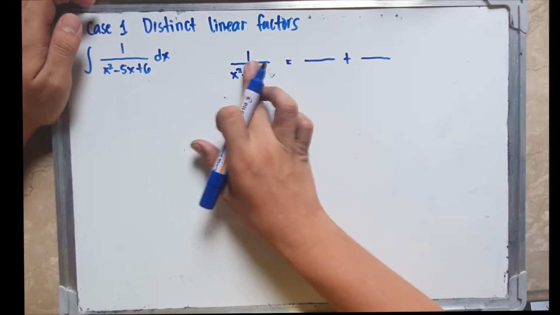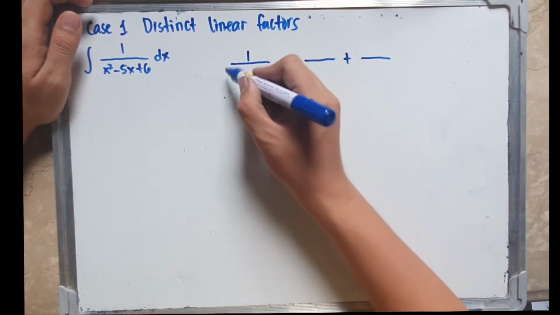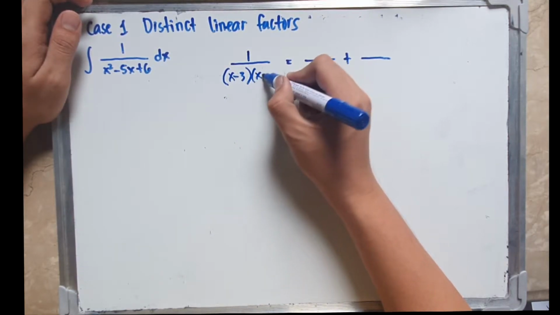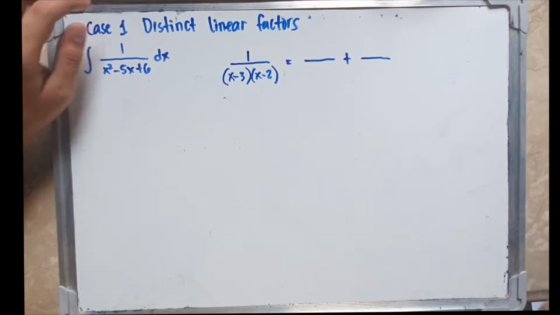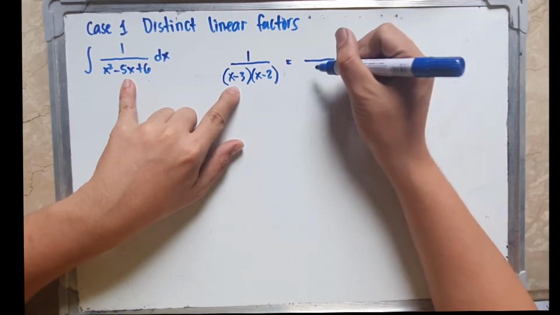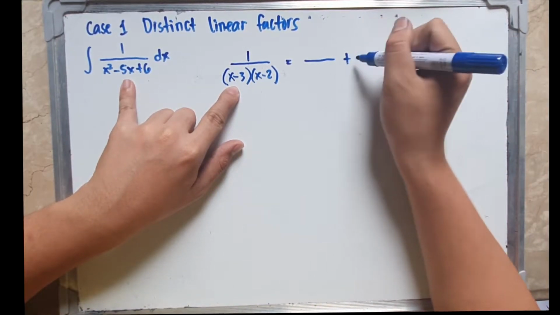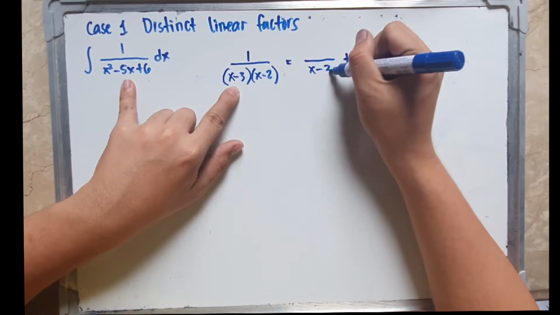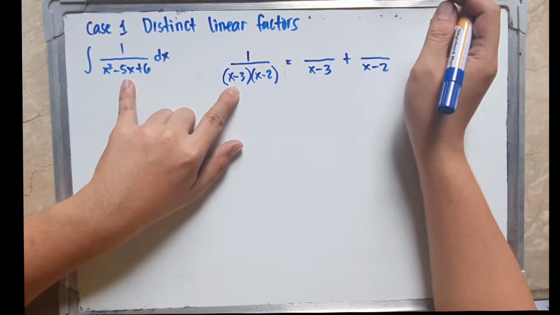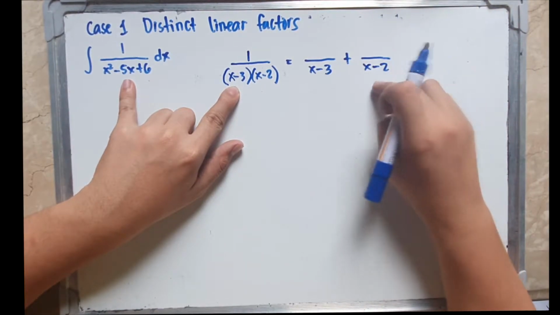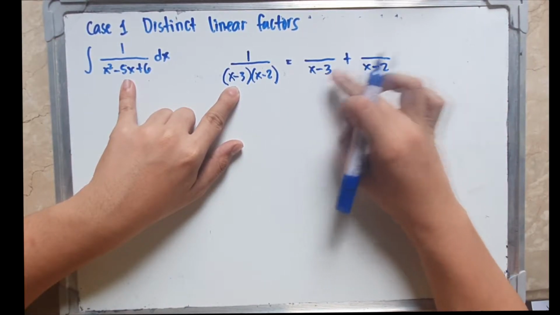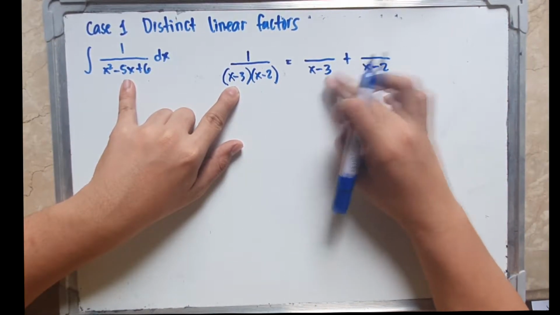I will erase this one and rewrite the equivalent value, x minus 3 and x minus 2, again from the denominator right here. So we now have two values for our decomposed form, x minus 3 and x minus 2. Or you could write x minus 2 here and x minus 3. It doesn't matter which place you put them, as long as they are separated.